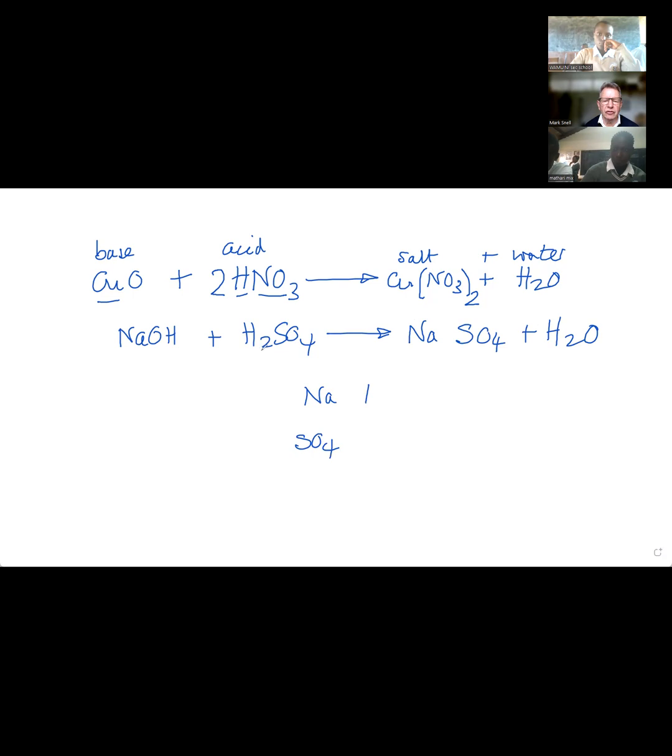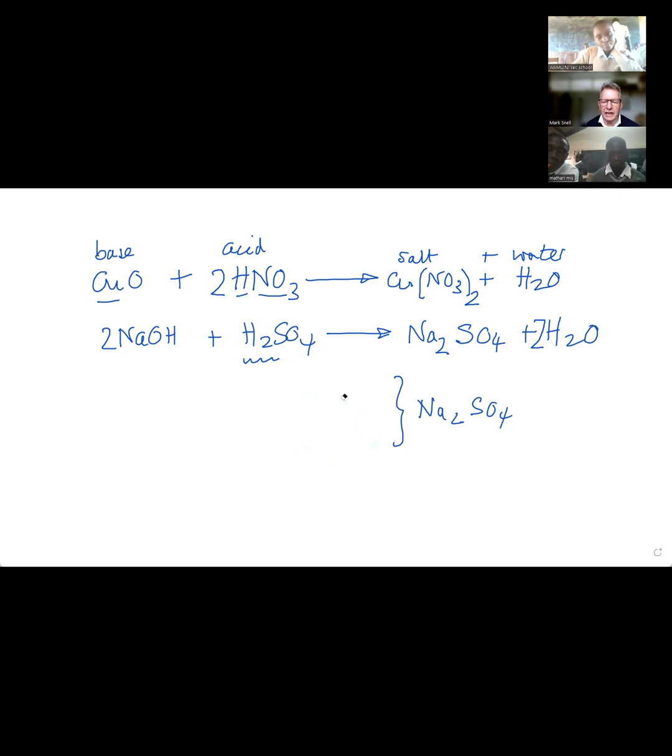Sulfate joins with 2 hydrogens, so it is 2. Swap over the numbers, makes it Na2SO4. And this balances with 2 here and 2 here. Okay.